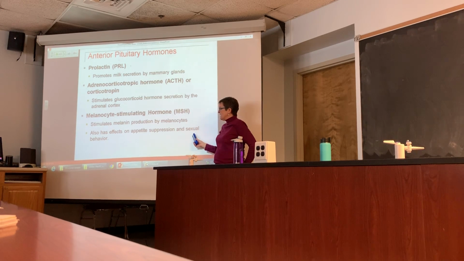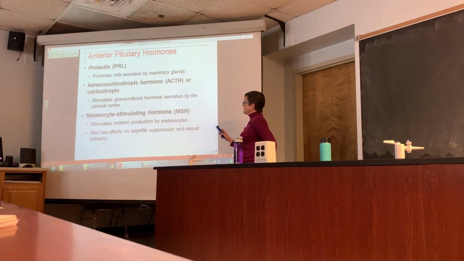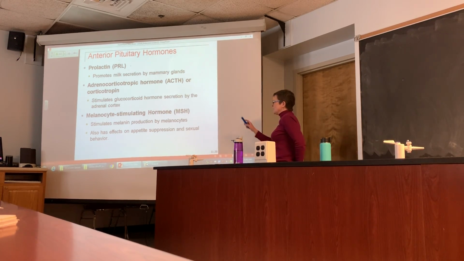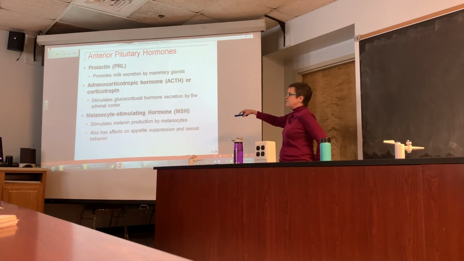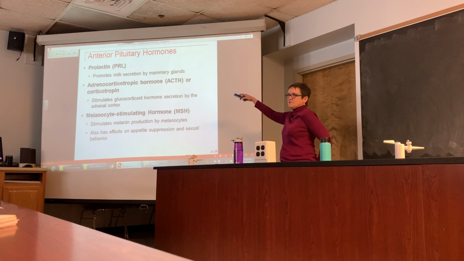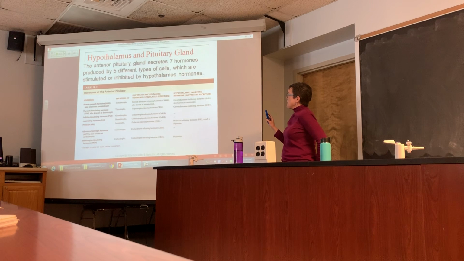It also has effects on appetite suppression and sexual behavior. We're probably not going to spend any time on that one, but know the basic functions. We're going to focus on just a couple of these, so just know the basic functions for the rest of them for now. Some of them, like I said, we'll come back to.